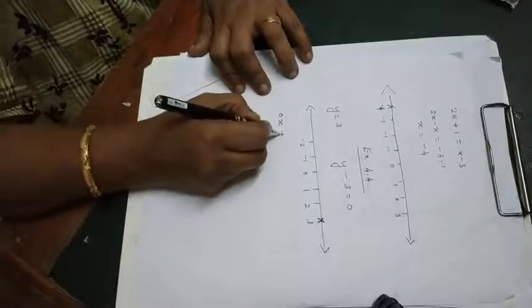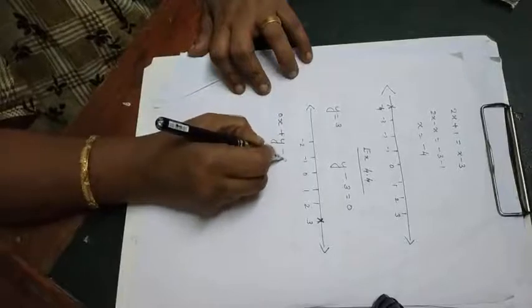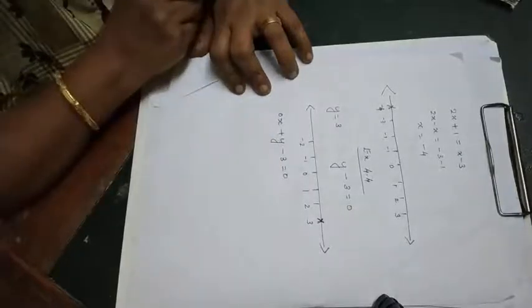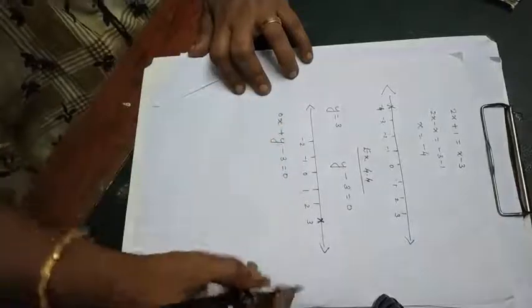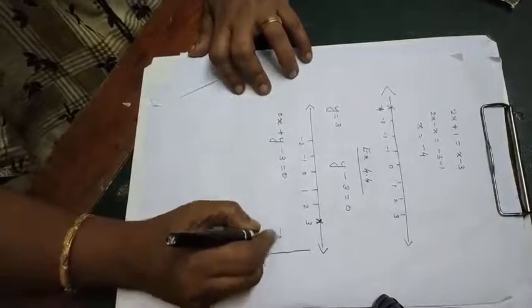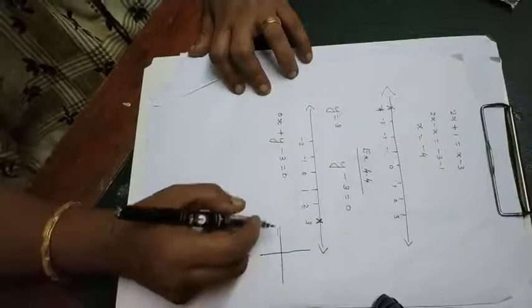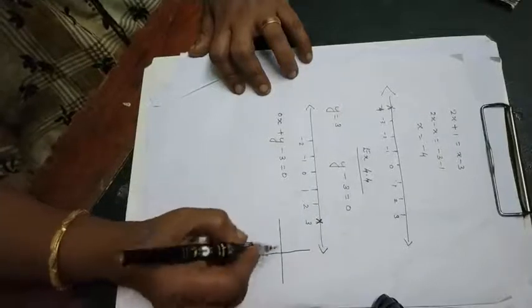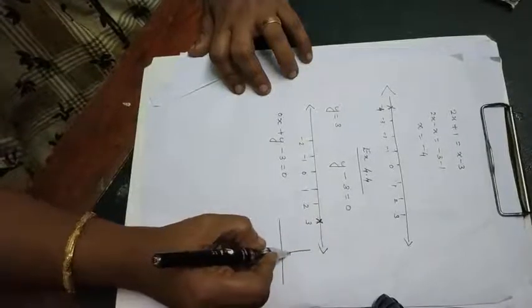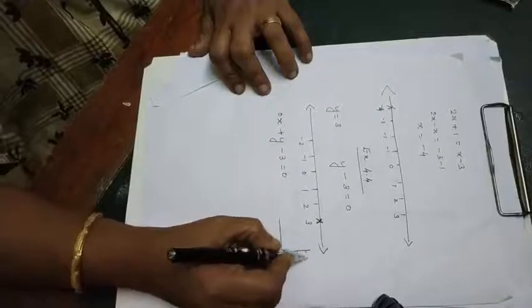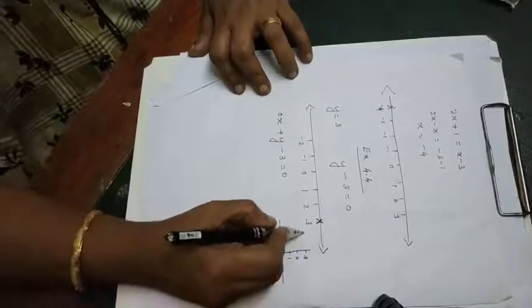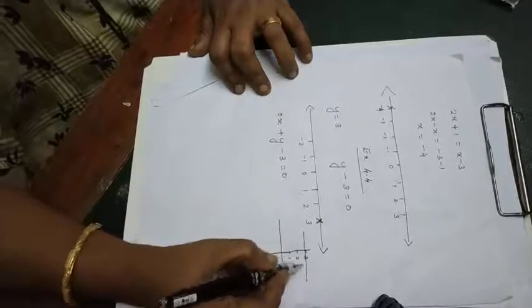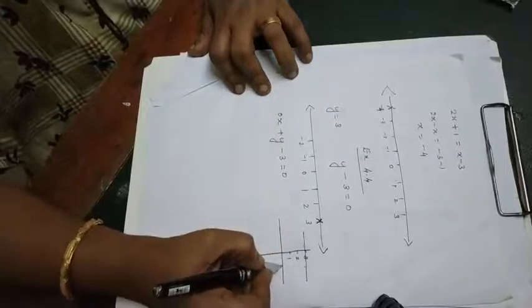0x + y - 3 = 0, and that equation when you are representing in a graph paper, y equal to 3, where y equal to 3 will come 1, 2, 3, so like this it will come, positive value, so it will be a line parallel to x-axis.